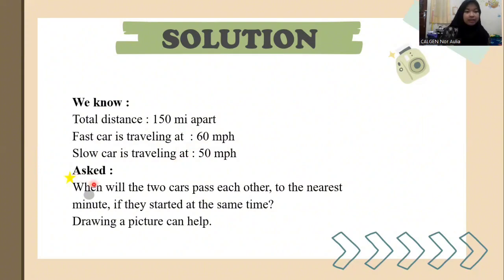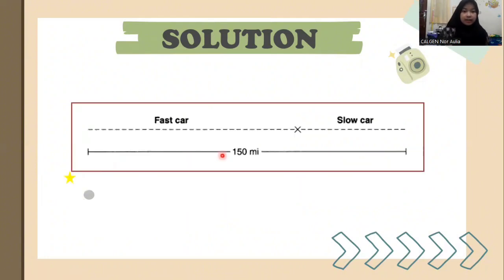So the question asks, when will the two cars pass each other, to the nearest minute, if they start at the same time? Drawing a picture can help. The picture is like this, the fast car and the slow car.